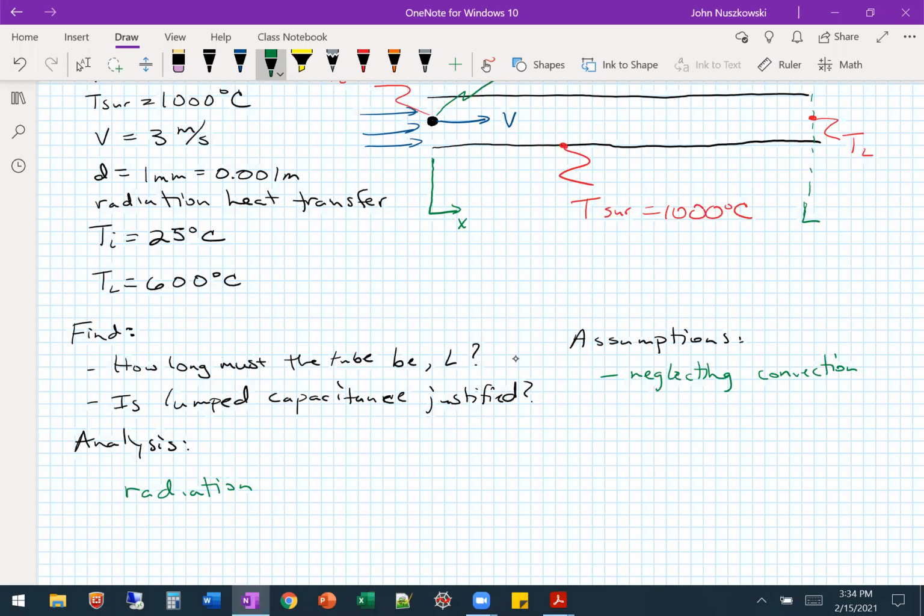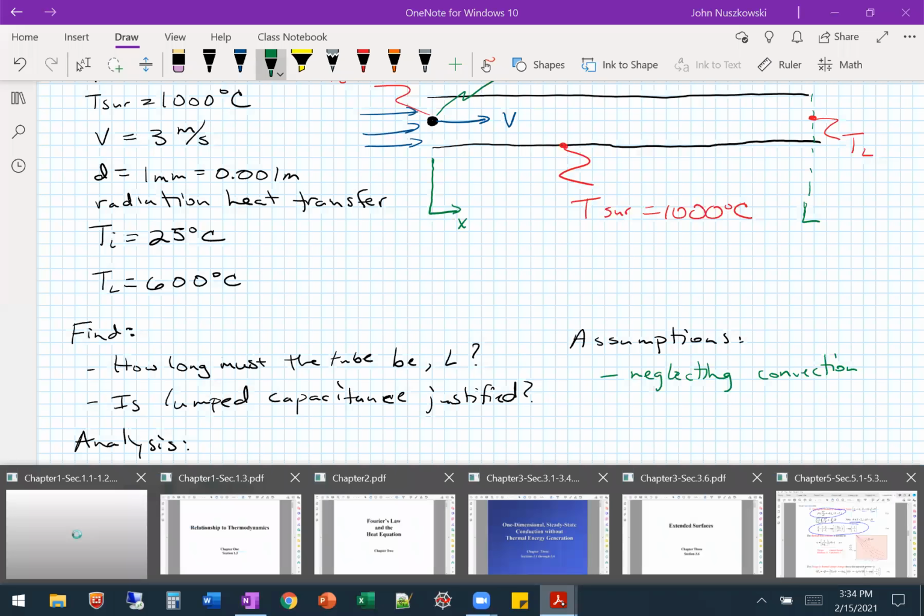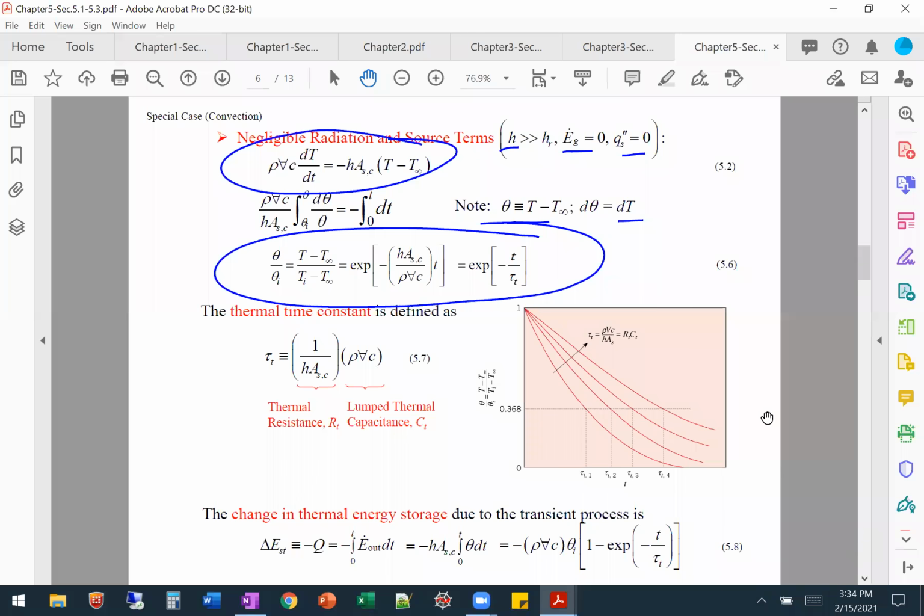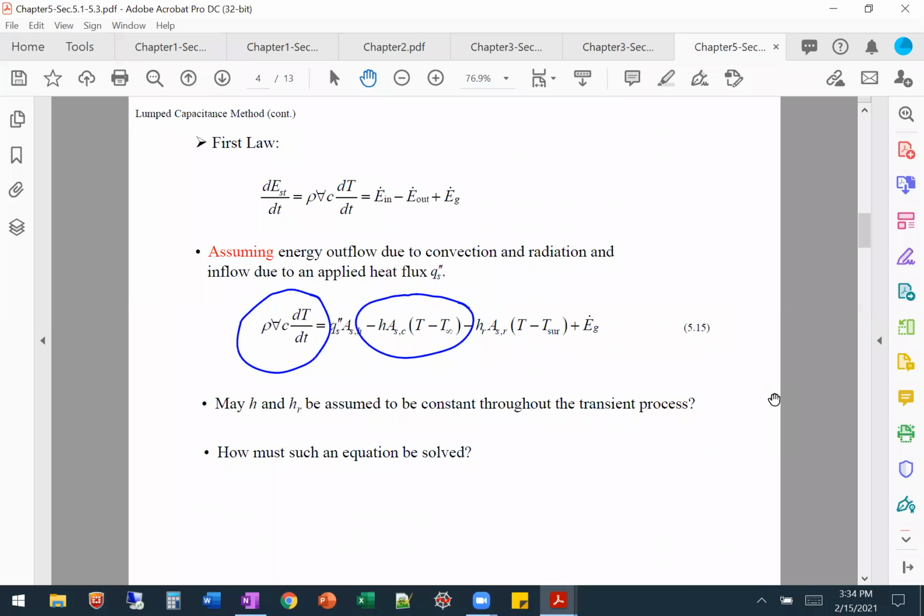In a practical problem, you could do a calculation looking at it, well, let's say you had a version that looks like this for radiation.